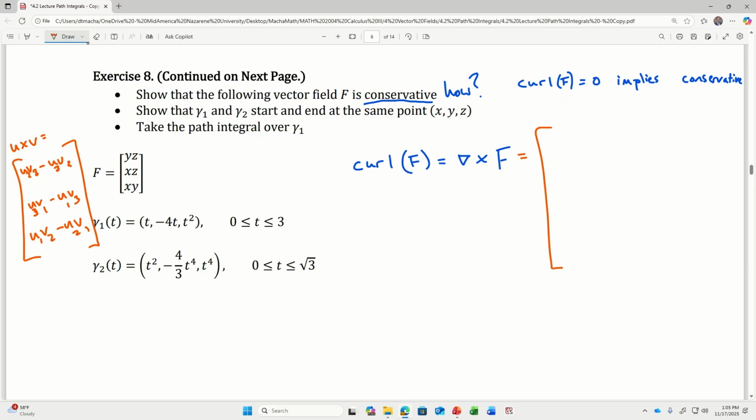And so that means u2 is the second entry in the gradient, which means it's the partial with respect to y. v3 is the third entry in my vector field, which is xy, minus the partial with respect to z of xz.